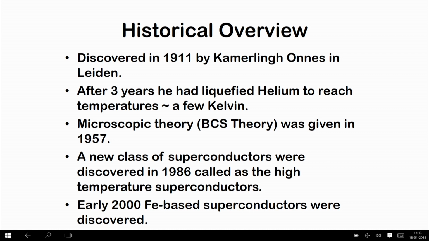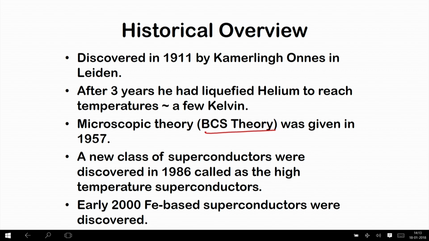Liquid helium is needed in order to cool a system, and that is why the discovery of superconductivity is intimately related to our ability to achieve low temperatures. Then the microscopic theory, known as the BCS theory, named after Bardeen, Cooper and Schrieffer, was given in 1957, which is about 60 years back from now.